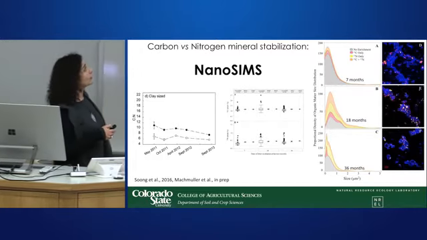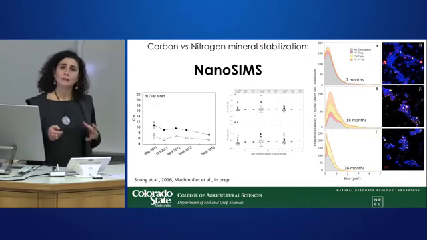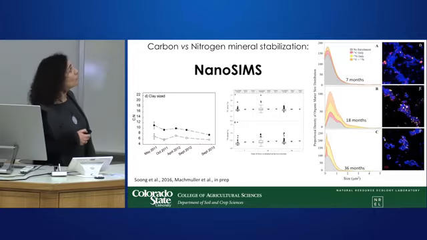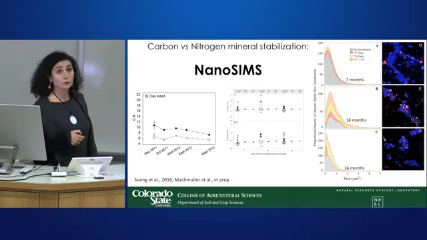And what was nice, because I'm a quantitative person, and a lot of these new methods are a hard thing for me because they are hardly quantitative. But what was nice, the first thing I did was I compared the 13C atom percent produced from the NanoSIMS and the one I'd measured for that same fraction with the mass spectrometer, and actually they came out pretty equal.